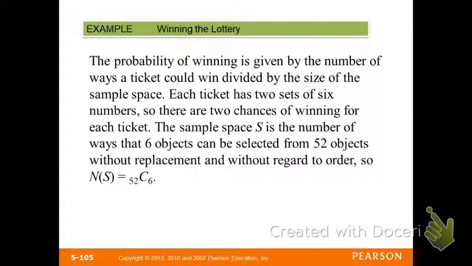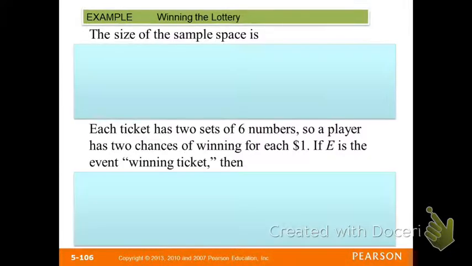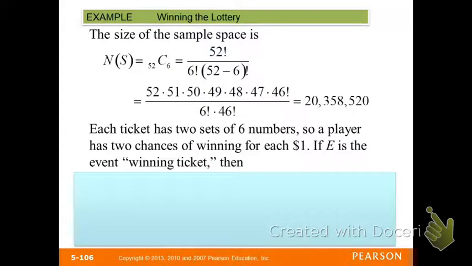The total number without regard to order is the number of combinations of 52 things taken 6 at a time. This gives us the size of the sample space.